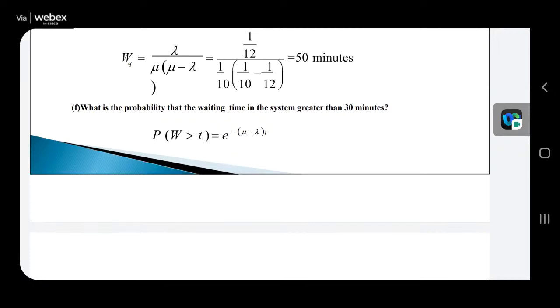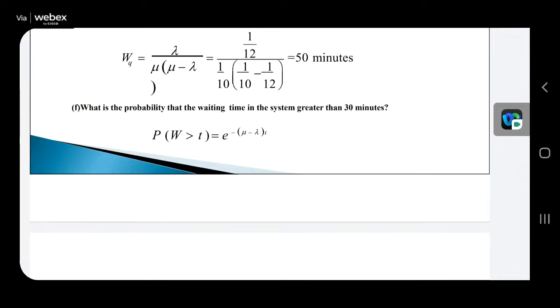See, what is the probability that the waiting time in the system is greater than 30 minutes? So if the waiting time of the system is greater than 30 minutes, what is the probability? That is very, very important. There may be one question: is there any formula for the probability of waiting time in a system less than some particular time?